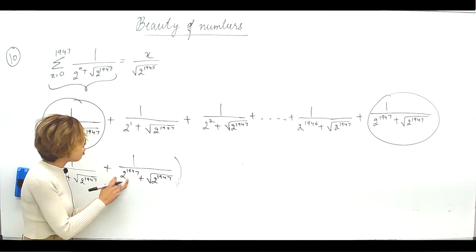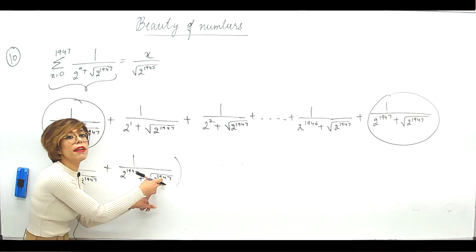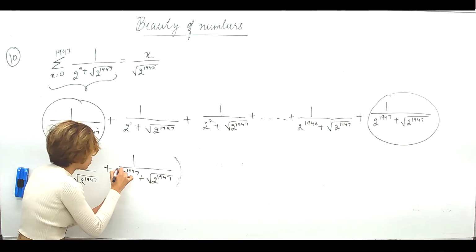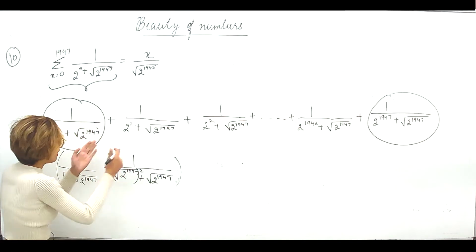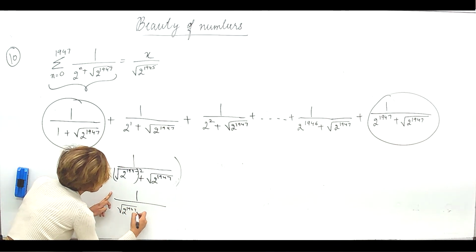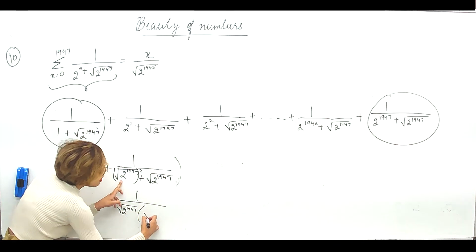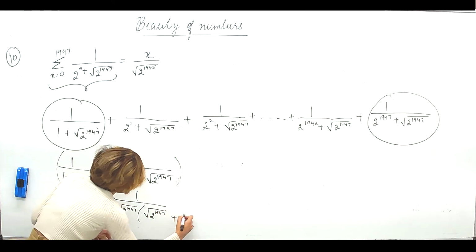What is common here? 2 raised to 1947 is not common. Square root of 2 raised to 1947 is common, right? Because we can write this as square root of 2 whole squared. Now can you see? Now I take it common. So this is 1 by square root of 2 raised to 1947 into, now I'll be left with 1, so square root of 2 raised to 1947 plus 1.